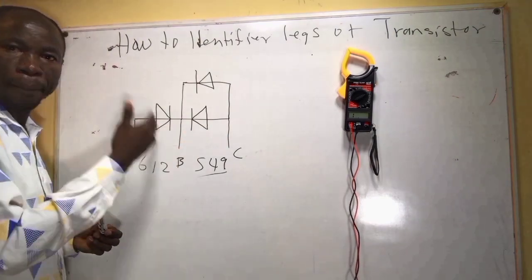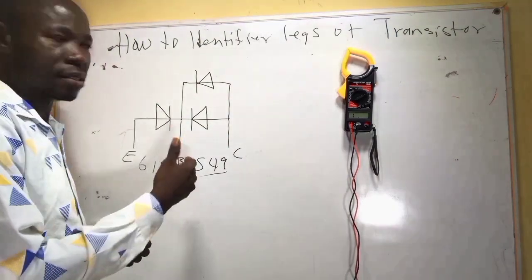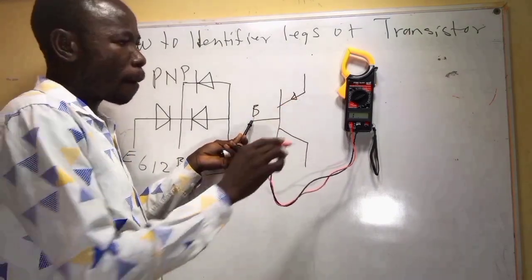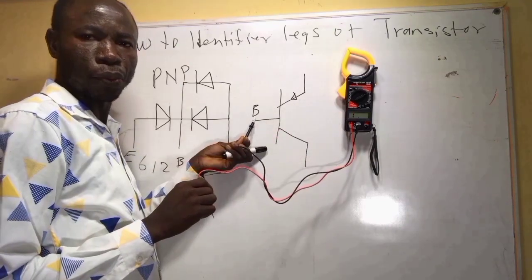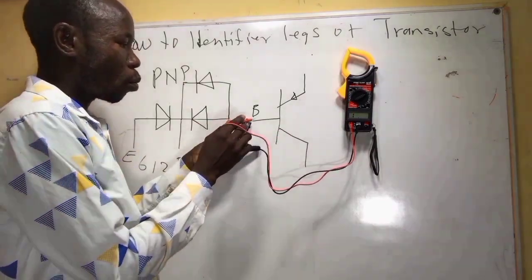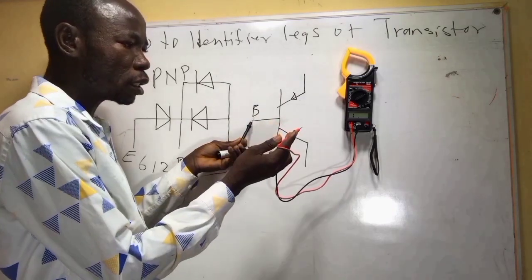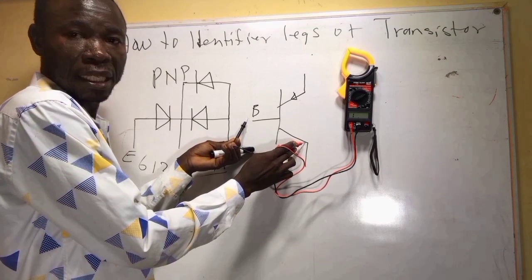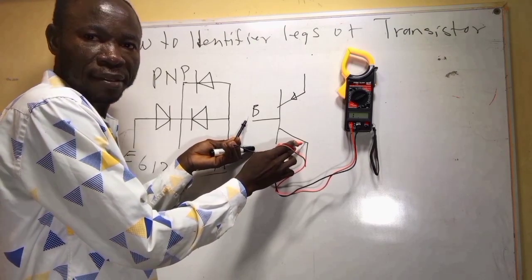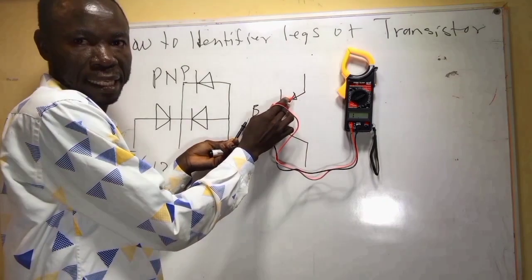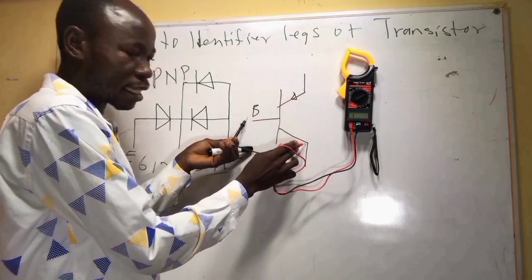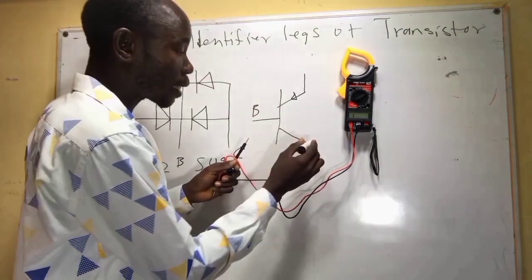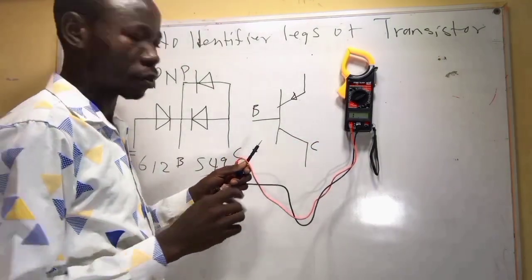The same applies to a transistor. To define which is the collector and which is the base, you don't know, but the meter will tell you. So when you put the positive to these legs and it reads lower resistance than these legs, it means this leg is what? Collector. Yes, you are correct. Good. You get it?